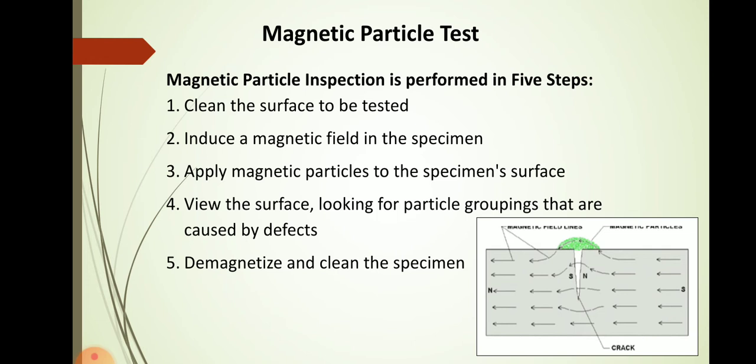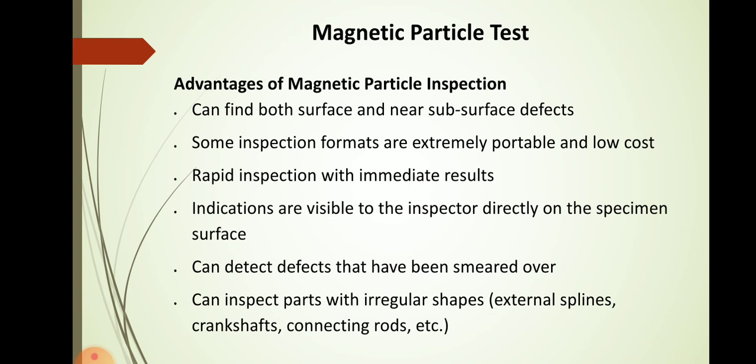Due to that, there will be a gathering of these magnetic particles at the crack. So the cracks which are on the surface and near the subsurface can be detected by this method. This is also one of the advantages.